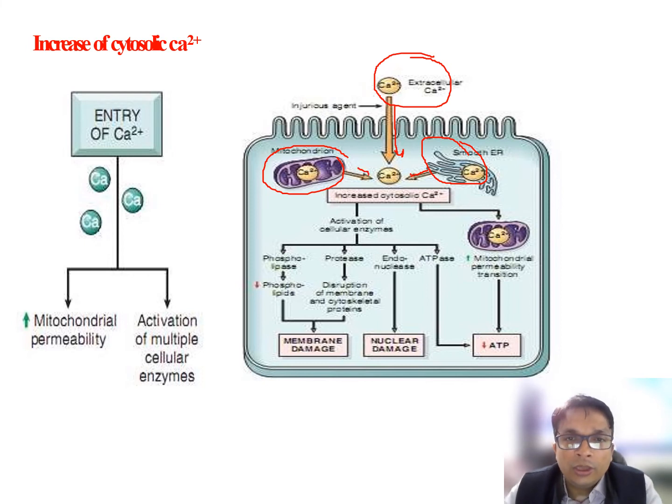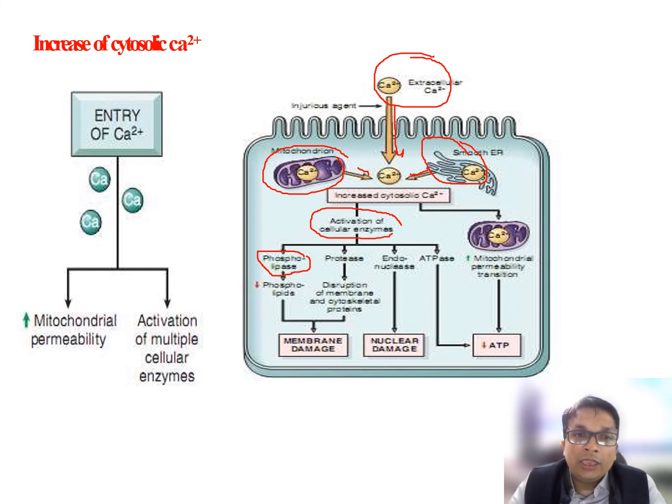So the cytosolic calcium ion quantity increases, and a number of enzymes get activated, like phospholipase. As I told you earlier, phospholipase is an enzyme which breaks down phospholipid, and your cell membrane is made up of phospholipid. So ultimately that results in cell membrane damage.